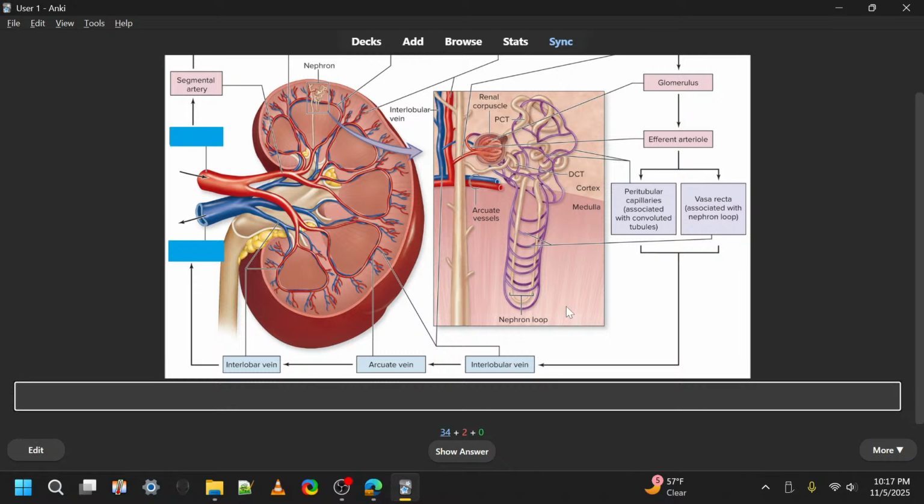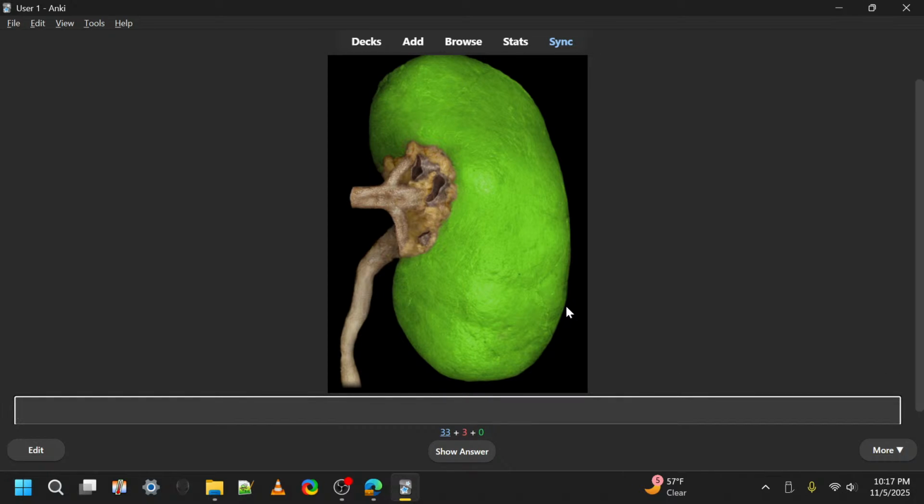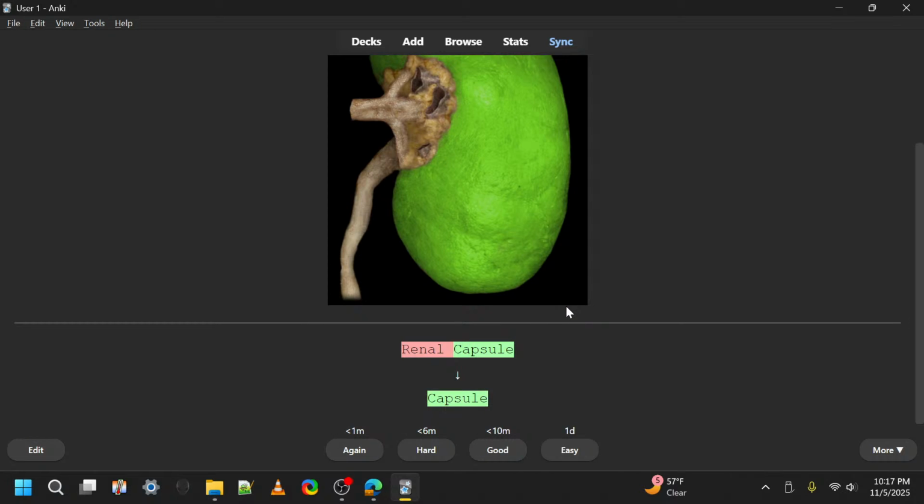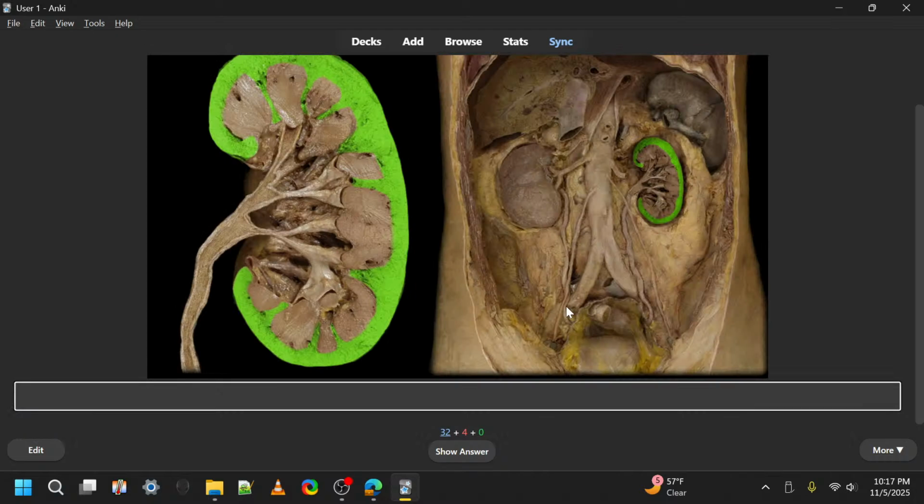So, these are renal vessels. Let's go. This is the capsule. The renal capsule. I wonder if she'll allow it. I know that on the paper it's just capsule, but I kind of want to put renal capsule, but who knows.